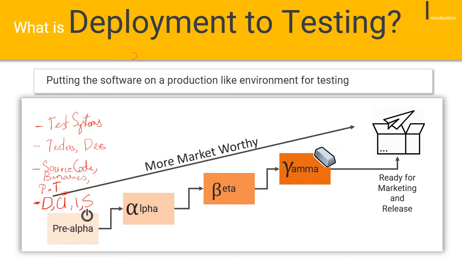Right, so once it is past the pre-alpha stage, it goes into the alpha stage. And in the alpha stage, it's simple. Since we performed all the preliminary tests, what is left is to see if the software is meeting the acceptance criteria set by the users. And for that, you perform user acceptance testing to see if the software has met the expectations of the client.